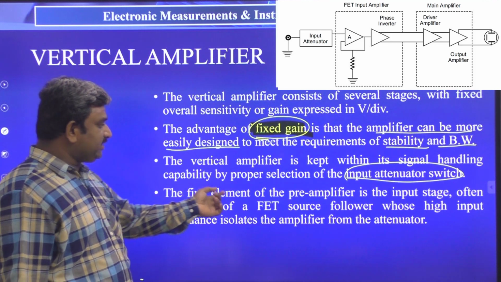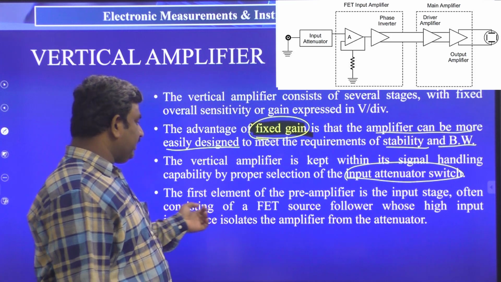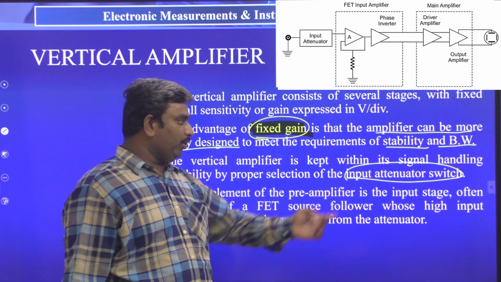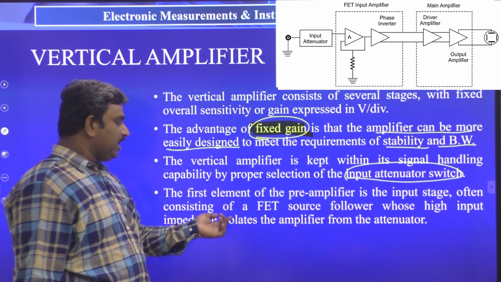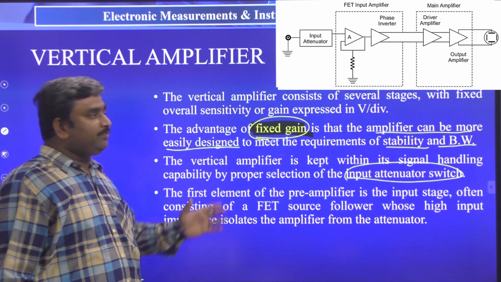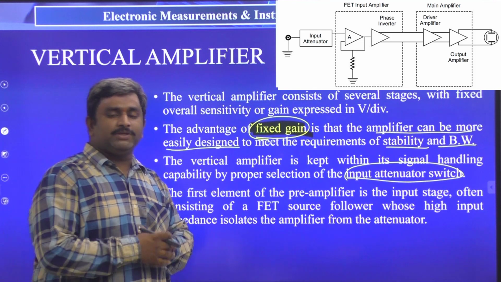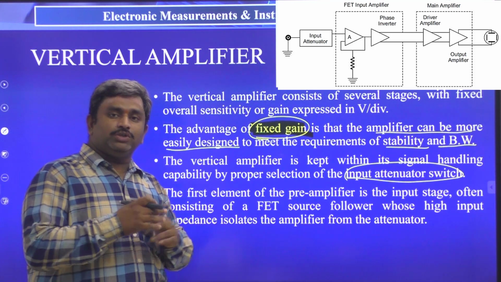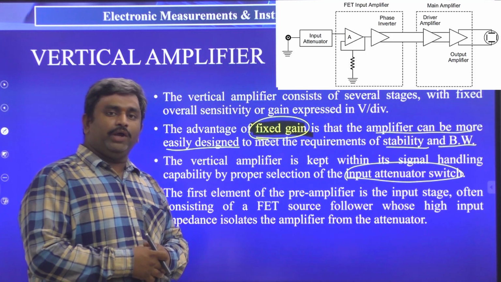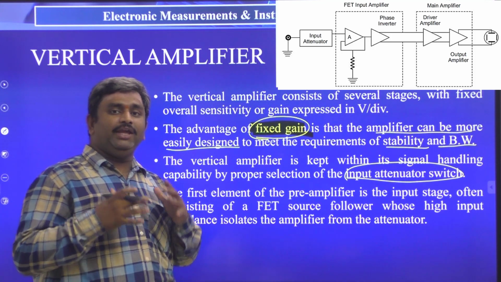Next, the first element of the preamplifier is the input stage, often consisting of an FET source follower with high input impedance, which isolates the amplifier from the attenuator. What is the purpose of the FET input amplifier? Generally at the input side, the FET is used for high input impedance.